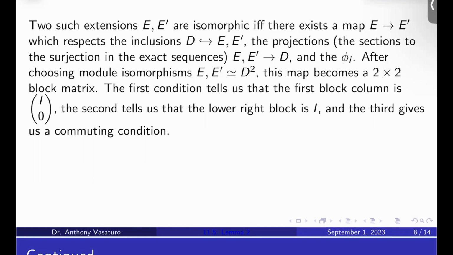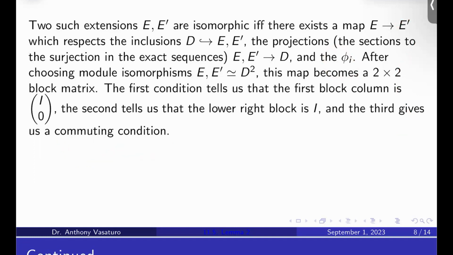If you choose module isomorphisms of E prime with D squared, this map is just a 2x2 block matrix. The first condition on inclusions tells me that the first block column is I, 0, the identity and 0. The second condition on projections tells me the lower right block is I. And the third condition on respecting the phi sub i's gives me a commuting condition. So check all this; it's a linear algebra exercise.